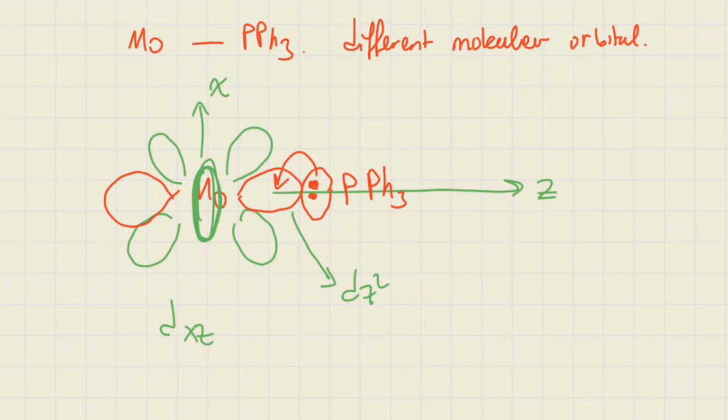So there is no competition between the PPh3 and the CO. However, there is a competition between the CO molecules. And there might also be other competition between the PPh3, since another PPh3 can try to come here in the solution, and there might be a competition between the phosphine ligands also.